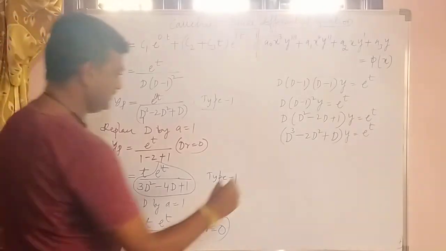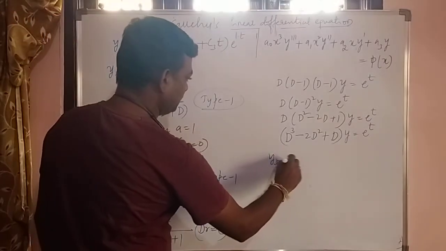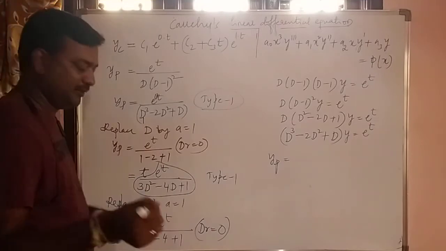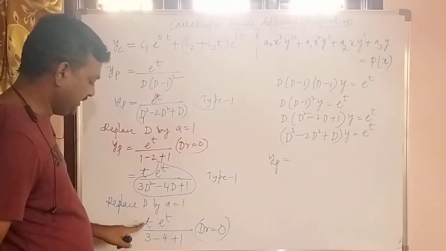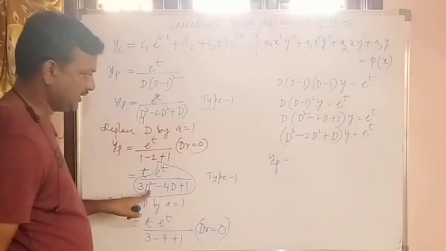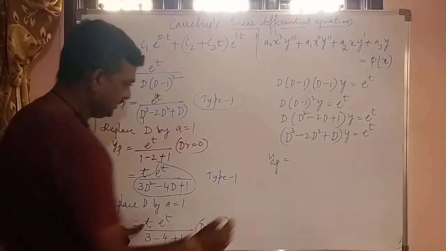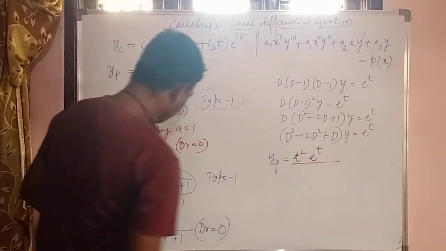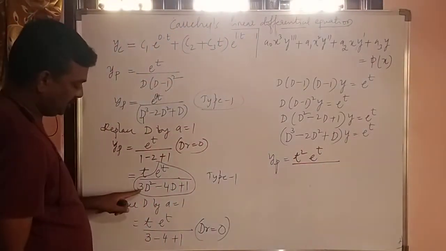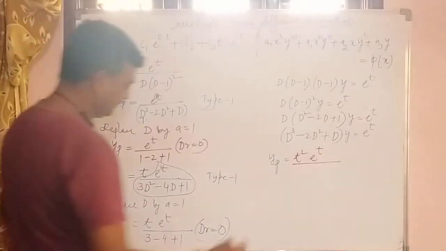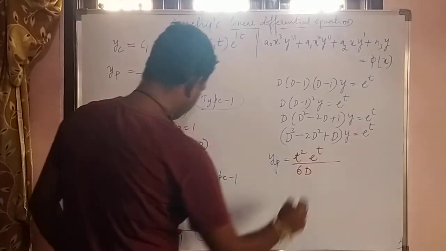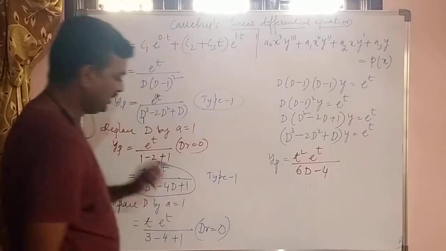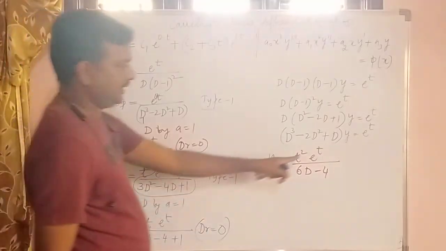So once again we have to multiply the numerator by t and differentiate the denominator. There is already a t, so t into t is t square into e raised to t divided by the derivative of the denominator: 3d square gives 6d, minus 4d gives 4, and 1 gives 0. Again it's a type 1.